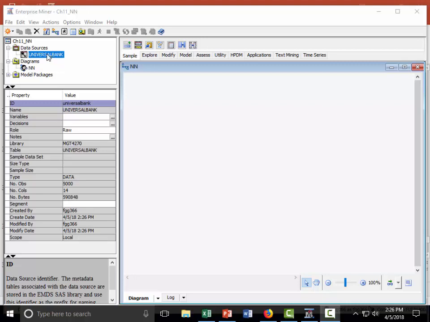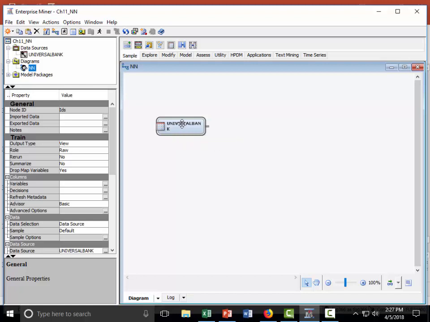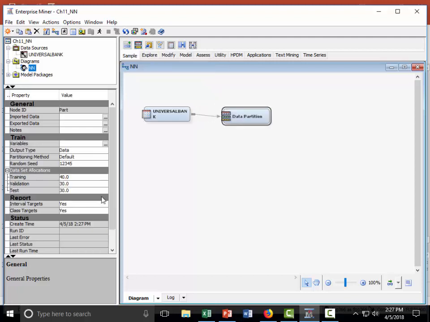Okay, so we're going to use the universal bank data, and let's do a data partition, and let's do 60, 30 and 10.